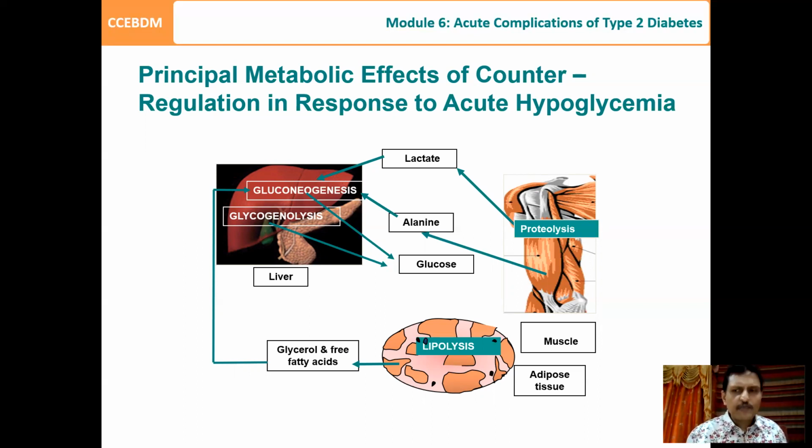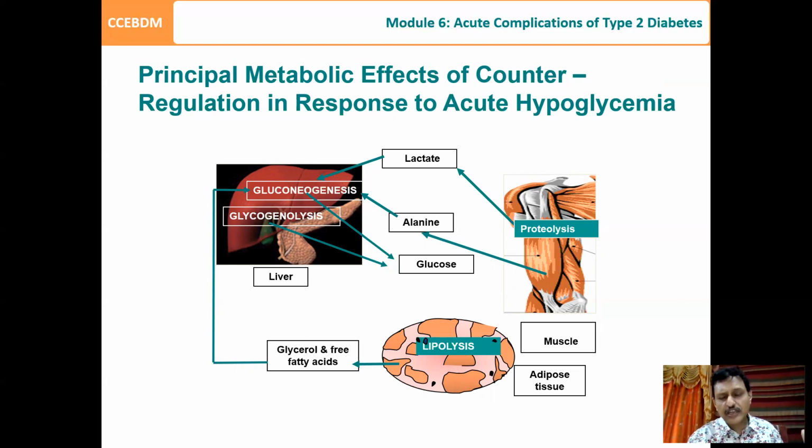So ultimately, the intention of the body is to produce more glucose. How will it produce more glucose? By producing more anti-insulin hormones, or counter-regulatory hormones. These counter-regulatory hormones will mobilize the lipids and the proteins from the peripheral tissues, and they also break down glycogen in the muscles and in the liver.